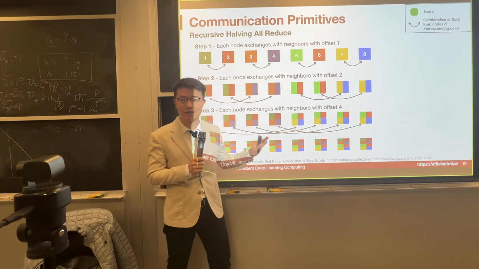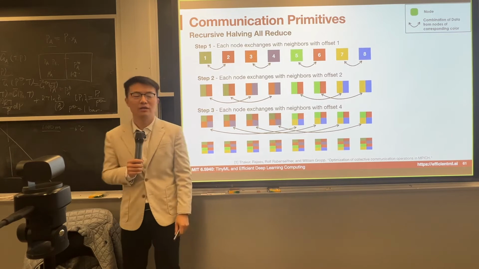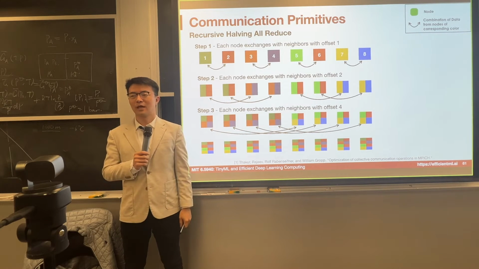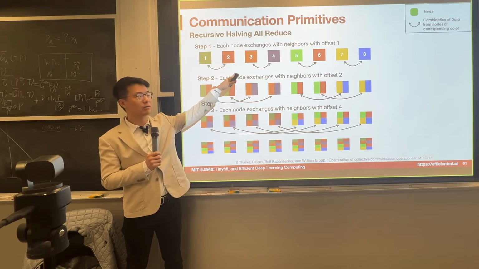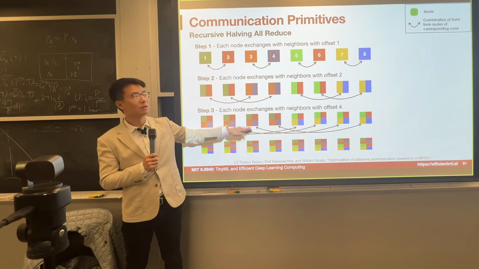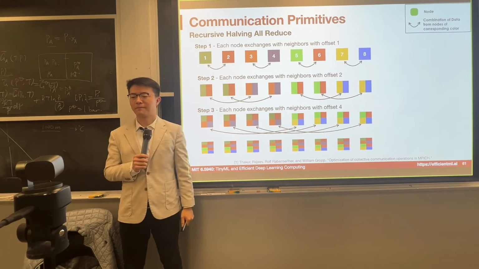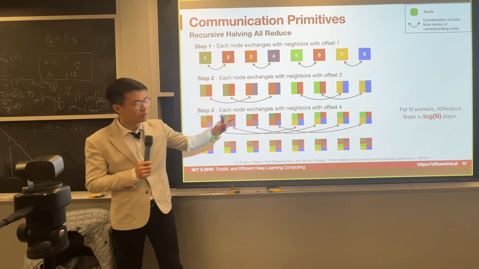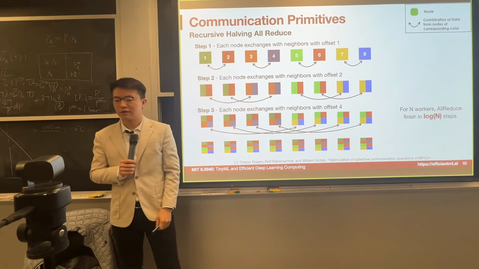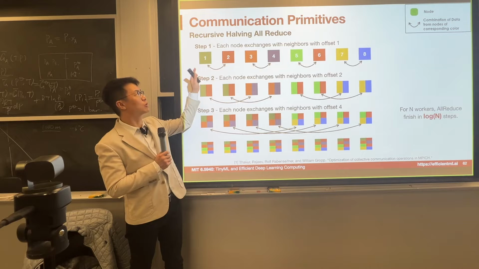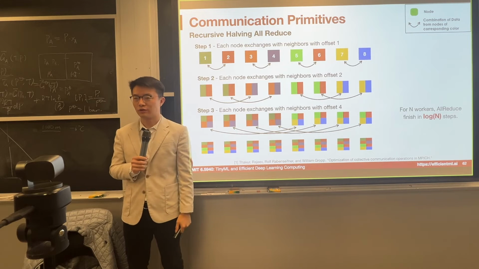Therefore, each node has everybody's information in only log N steps. Here N is 8, but we need only 3 steps: offset 1, offset 2, offset 4. So for N workers, all reduce can finish in log N steps if we use this recursive halving all reduce.